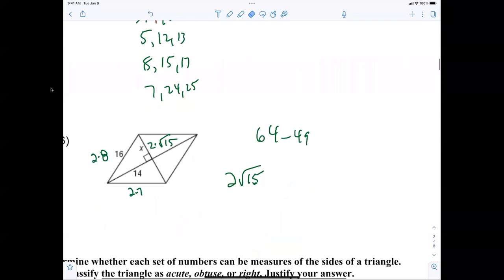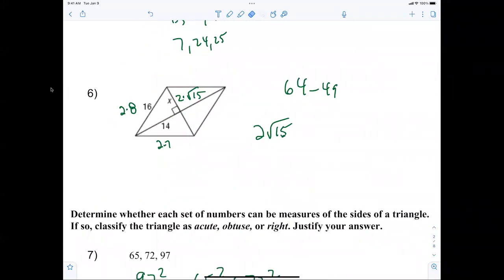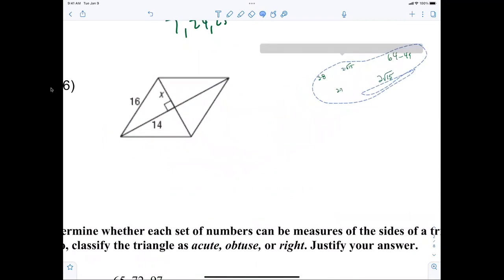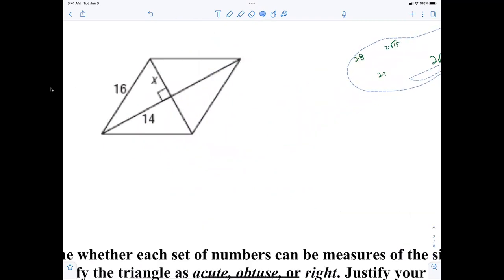All right, now over here on number 6. Does everybody agree that's just a right triangle, right? And I noticed there's a common 2, so that was 2 times 8. This was 2 times 7, so this has to be 2 times something.